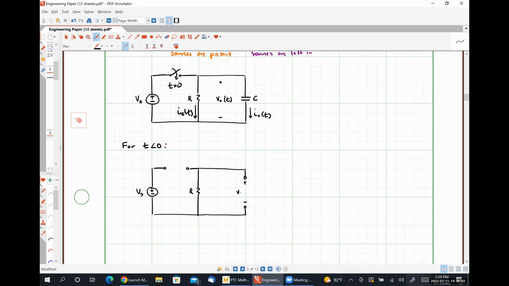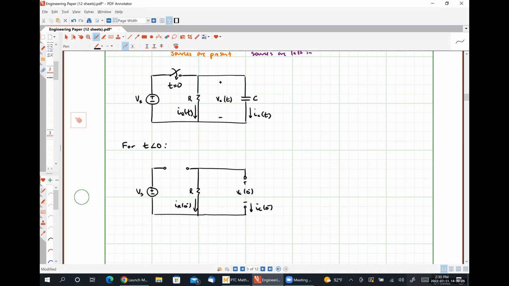Here's our voltage VC at 0 minus, our current IC at 0 minus, our other current IR at 0 minus.